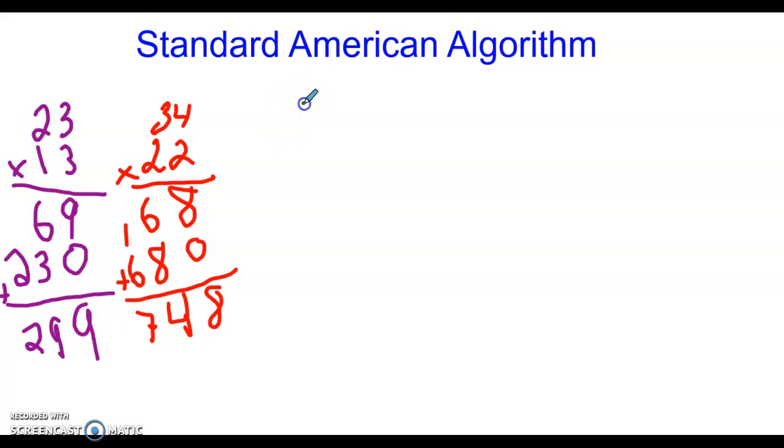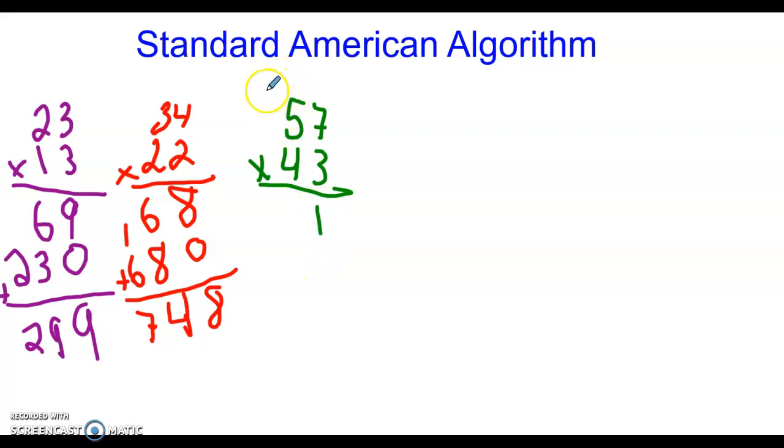All right, let's do 57 times 43. First we're multiplying 3 times 57. To do that, we start by doing 3 times 7, which is 21.